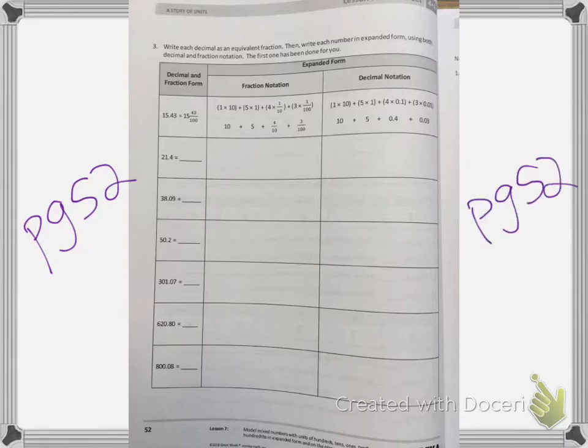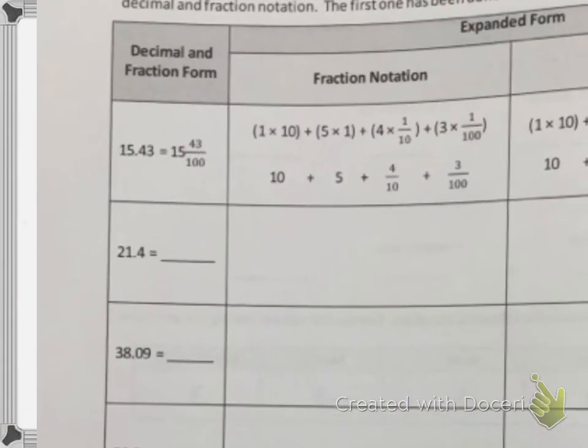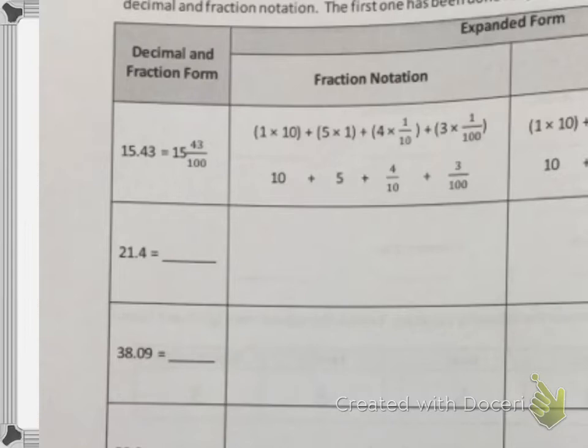And what we're going to be doing is looking at equivalent fractions, especially equivalency when it comes to decimal notation and fraction notation. We're going to be looking at decimals, at their fractions, and putting this in fraction notation, decimal notation, and expanded form.